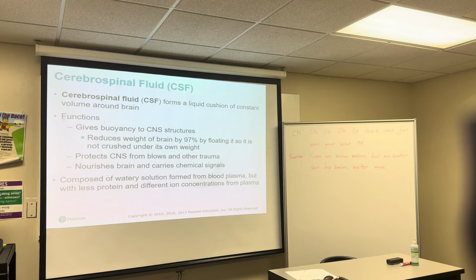And also this is going to give buoyancy to the central nervous system structures, reducing the weight of the brain by 97% by floating it, so it is not crushed under its own weight. Not only that, cerebrospinal fluid protects the central nervous system from blows and other trauma, nourishes the brain and carries chemical signals. It is composed of a watery solution formed from blood plasma, but with less protein and different ion concentration from the plasma.